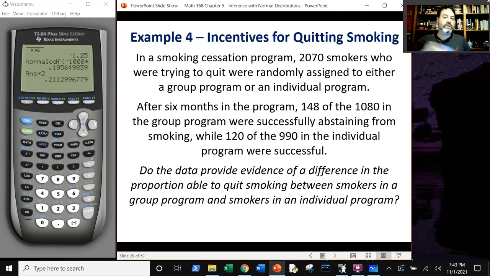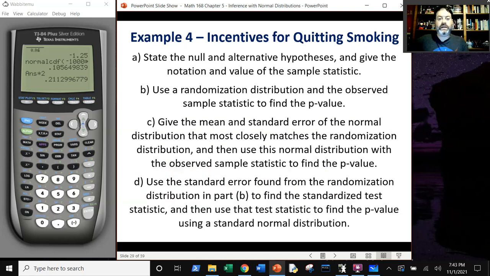So 2 categorical variables means that the null hypothesis is that P1 equals P2, and the alternative hypothesis is that either P1 is greater maybe, or P1 is less, or maybe it's just not equal to P2. But notice that we're told, do the data provide evidence of a difference? Difference means not equal, so our alternative hypothesis will be not equal.